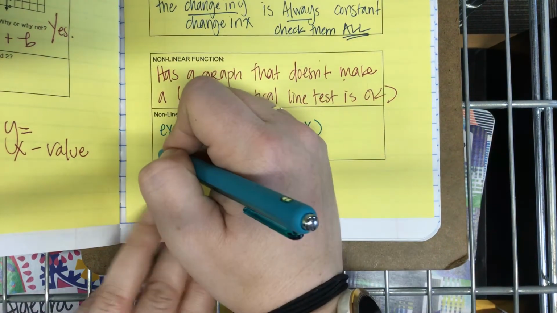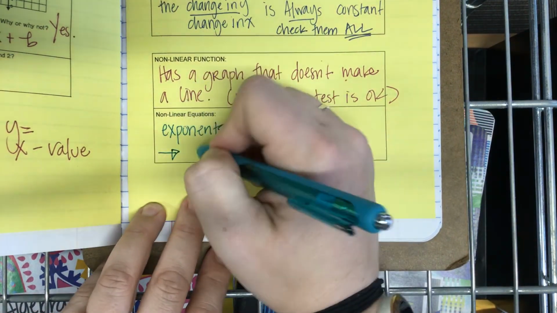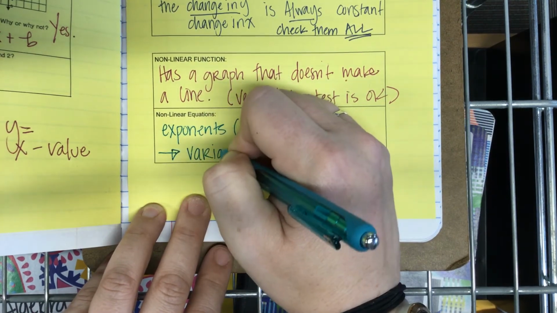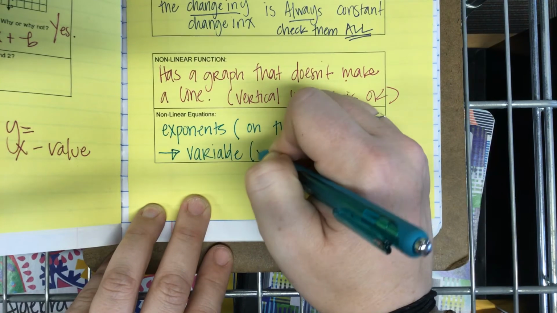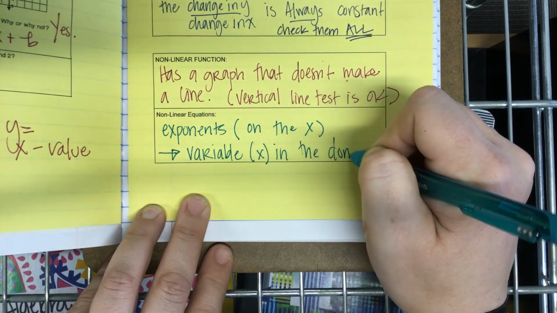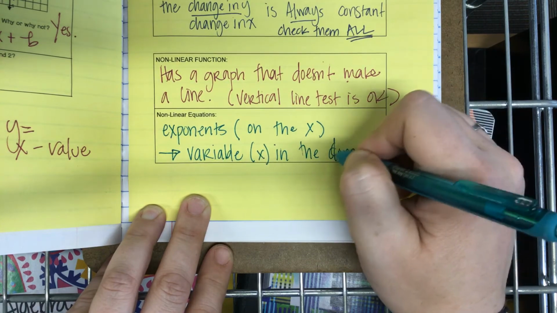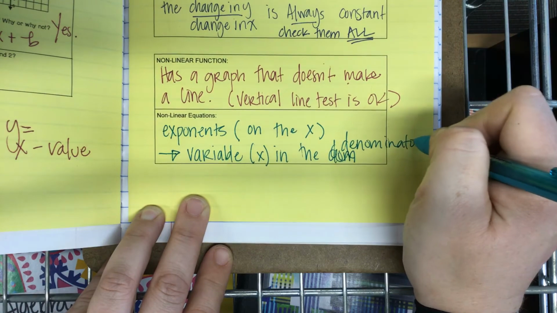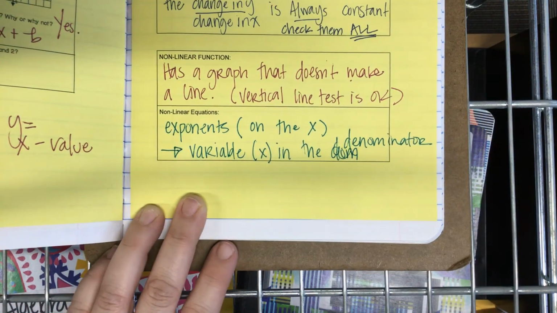The other thing that we might need to look for is a variable x in the denominator. A variable in the denominator.